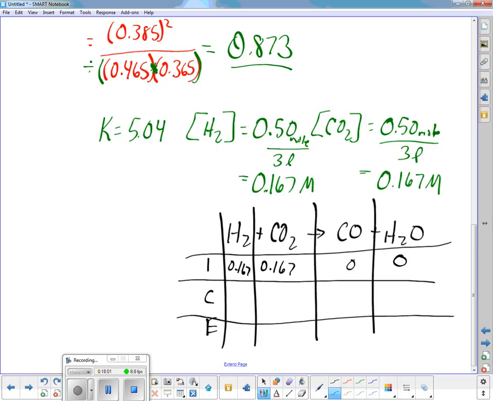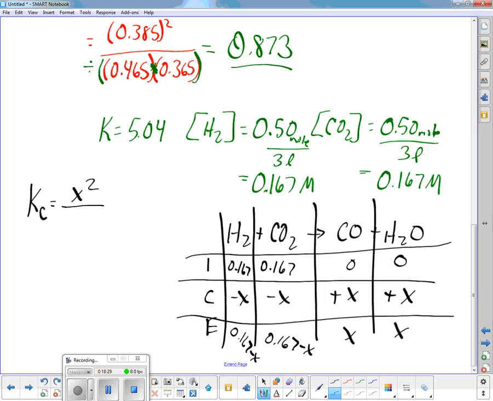And over here we have 0 and 0, right? So we know it's going to shift towards the product. So minus x, plus x, plus x. So over here we're going to have 0.167 minus x, 0.167 minus x, x, and x. Right? So our Kc, if I set it up right, will be products, x squared, over everybody okay with that? Yes.